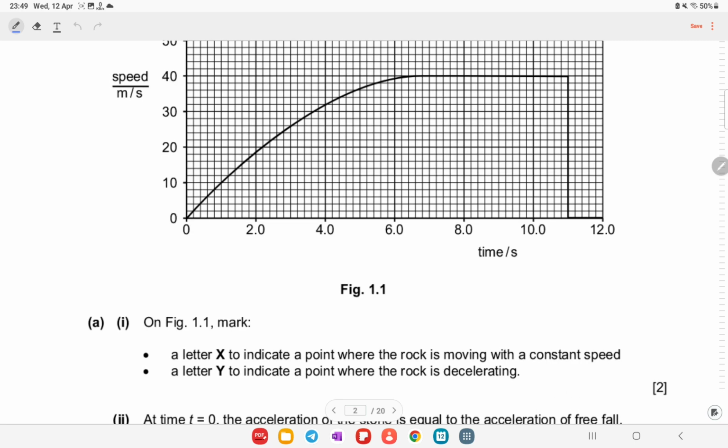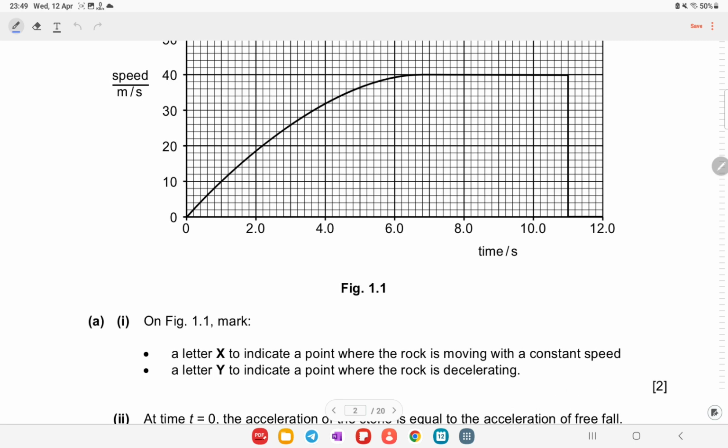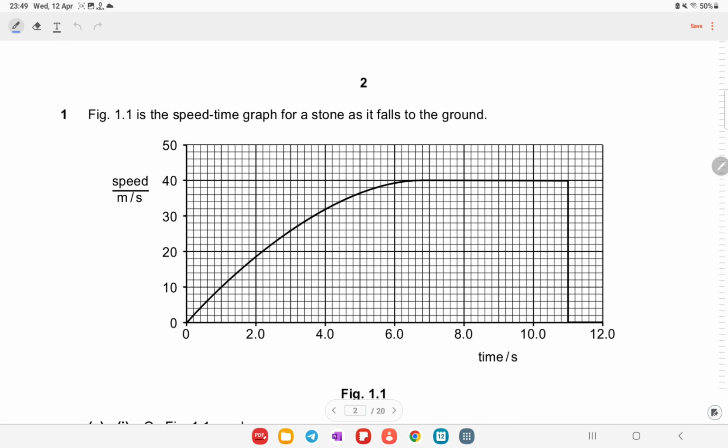On figure 1.1, mark a letter X to indicate a point where the rock is moving with a constant speed, and a letter Y to indicate a point where the rock is decelerating. So in this question, you are going to mark a point where the object is moving with a constant speed.